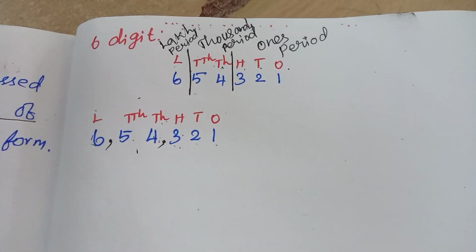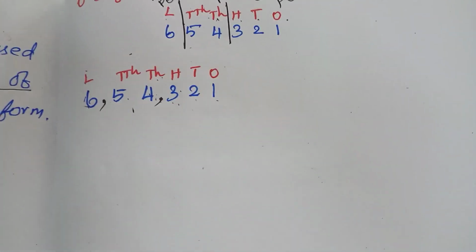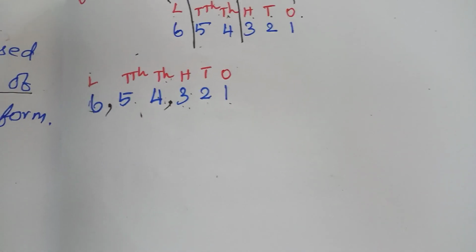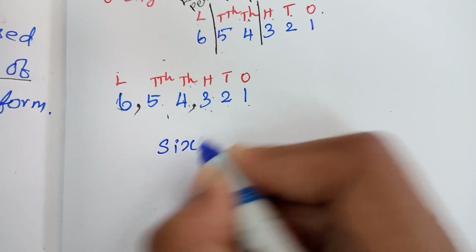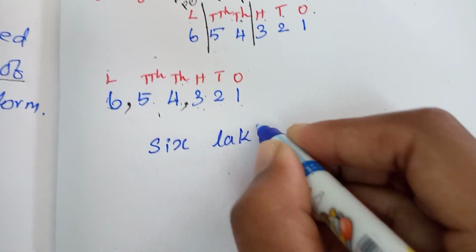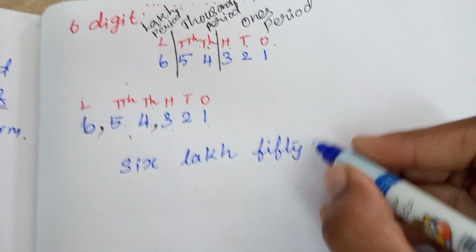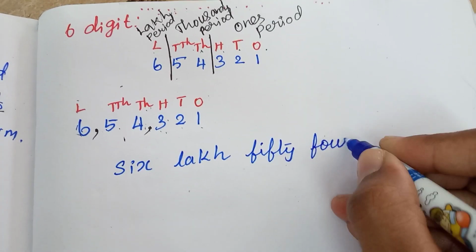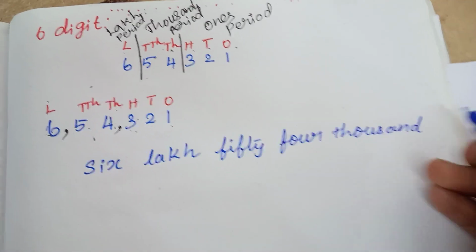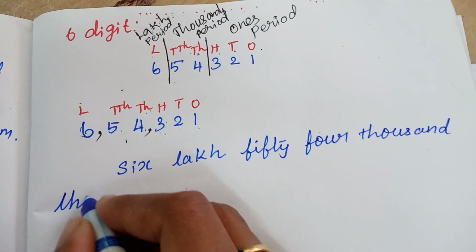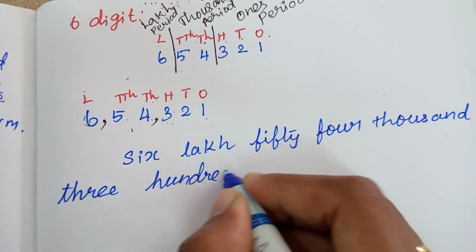Now we see how to write the number names for a 6-digit number. 6 lakh, 54,000, 321.